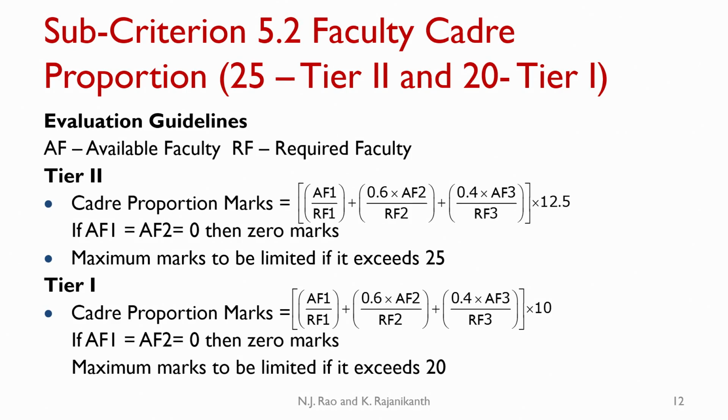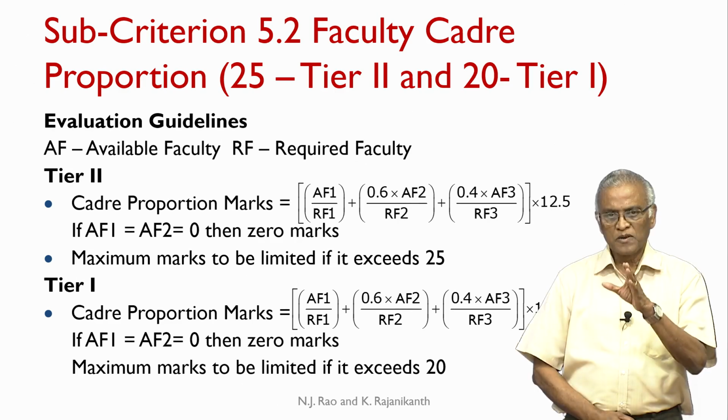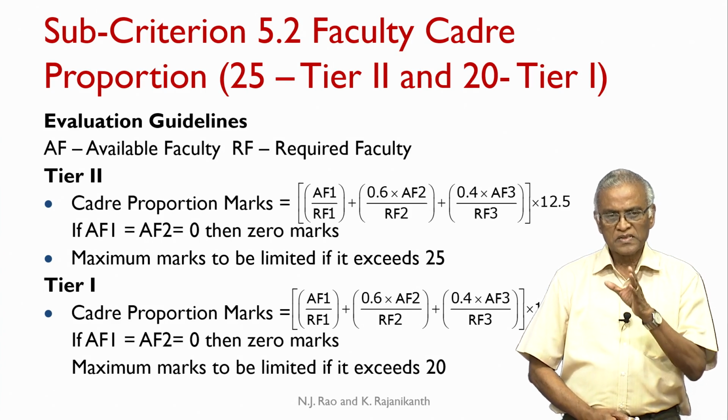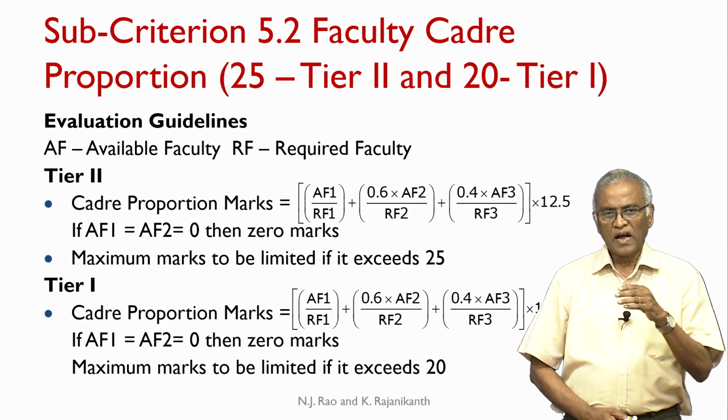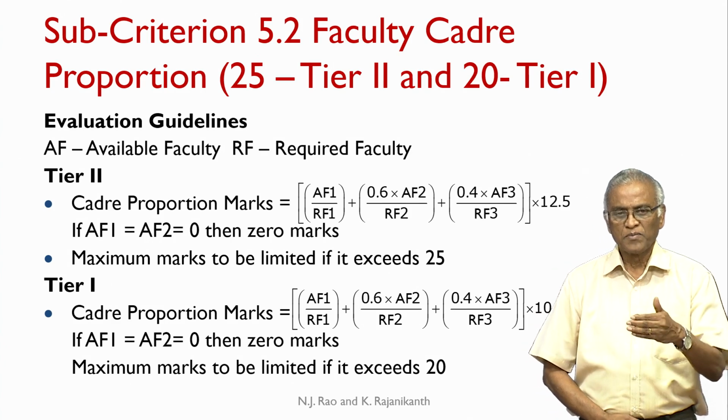Now, there is faculty cadre proportion. By and large, you have available faculty and you have required faculty. So, cadre proportion marks: AF1 is the number of available faculty at the professor level, and RF1 is the required number of professors.